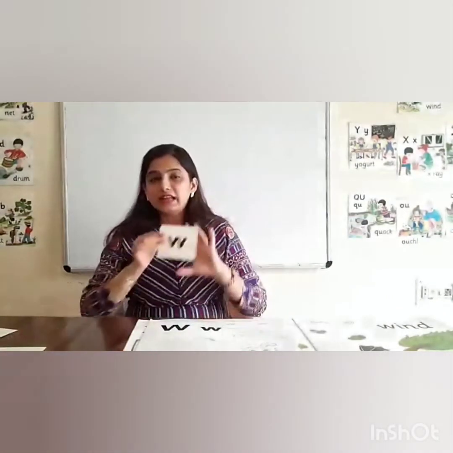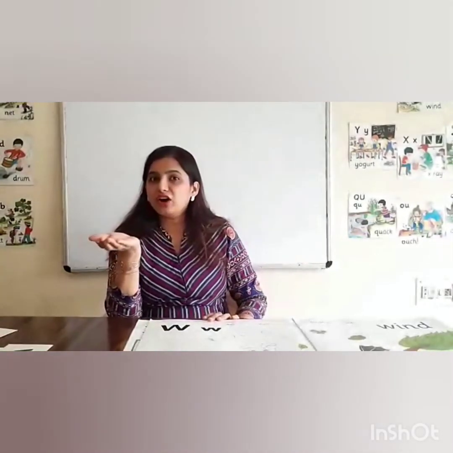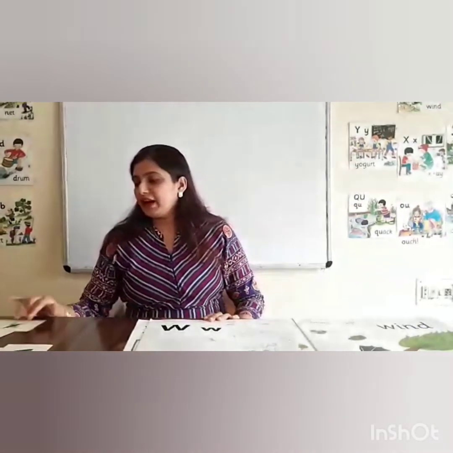The sound is wah, wah, wah. So the sound of letter W is wah, wah, wah, and this is the action of letter W. Wah, wah, wah. Coming to the next letter, it's letter X.